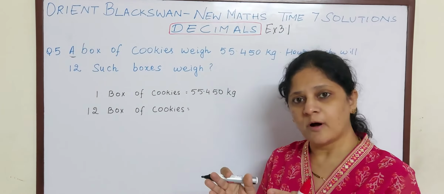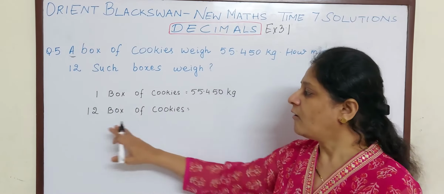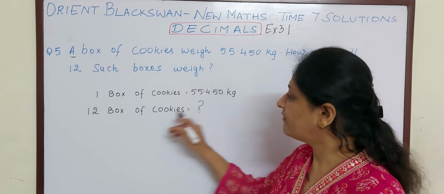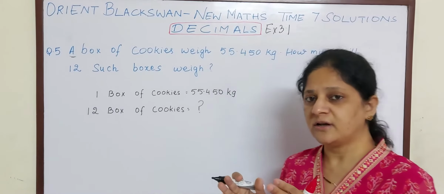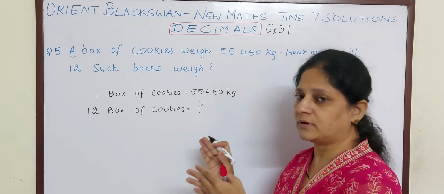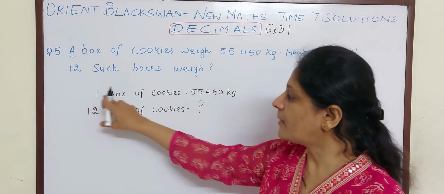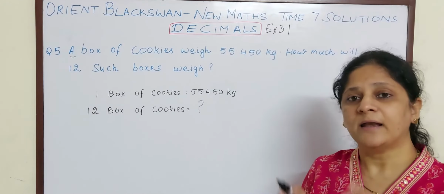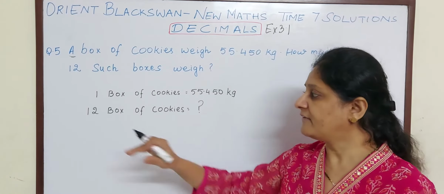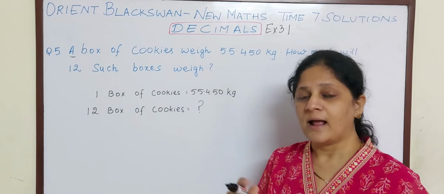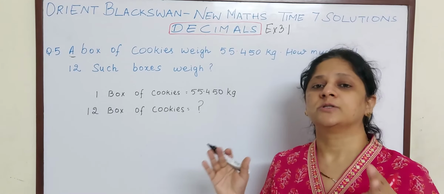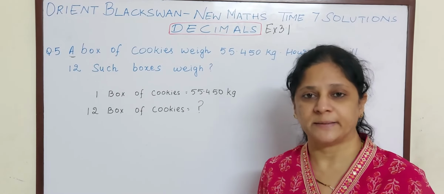So if one box is this much kg, what will be the weight of 12 boxes? So here if you see the question more clearly, the information about one is given and more is asked. Whenever they have given you information about one and they have asked about more, you should always do multiplication.